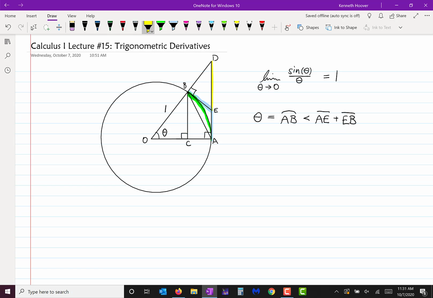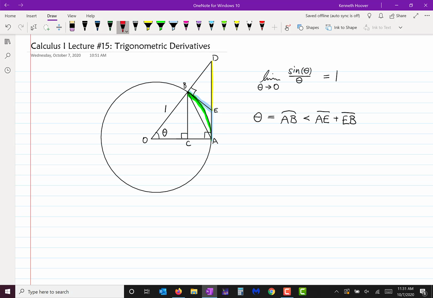If you were standing at E, let's say there was two of you, both standing at E, and I send one of you over to point B and the other one over to point D. The person going to D has to walk further, don't they? And do you know the reason why? Because this is a right triangle right up there. And EB is a leg, and ED is the hypotenuse. And the hypotenuse of a right triangle is always longer than a leg. Okay? So ED is longer than EB.